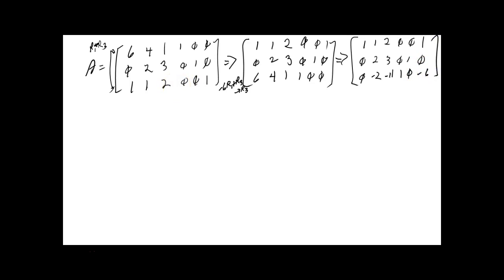Okay. Now, what's the next thing you want to happen? You want a 1 to be the first non-zero element in the second row. Okay? Now, not very many good choices here. How you get that to happen is to divide this row or this row by 2 or negative 2.